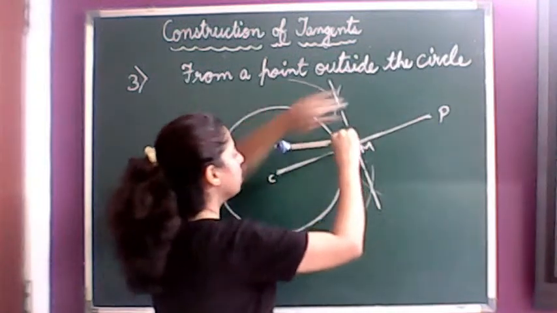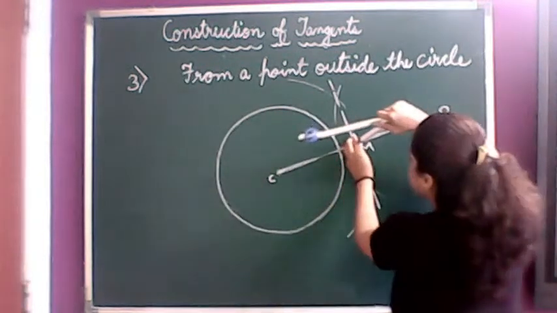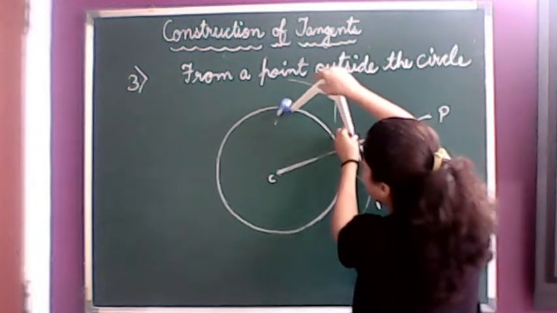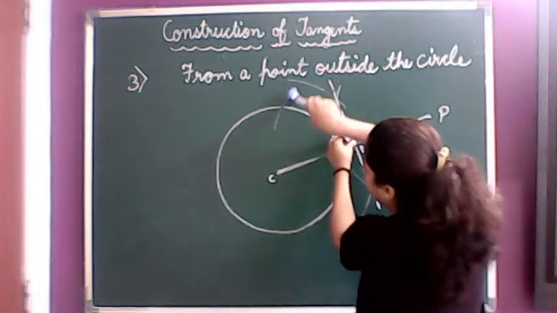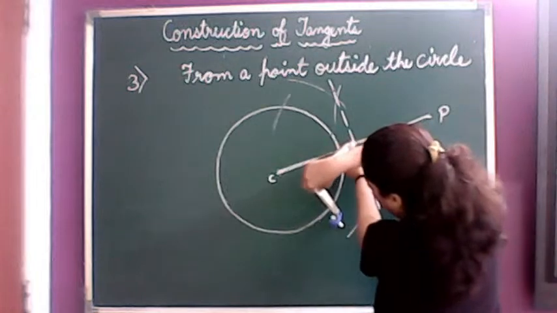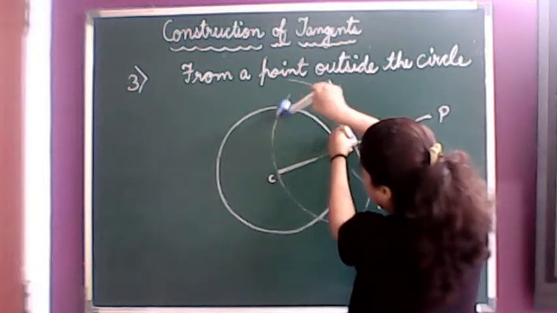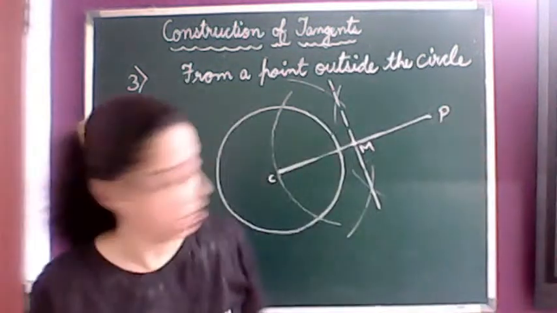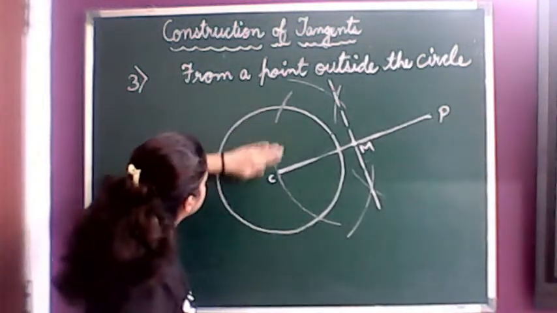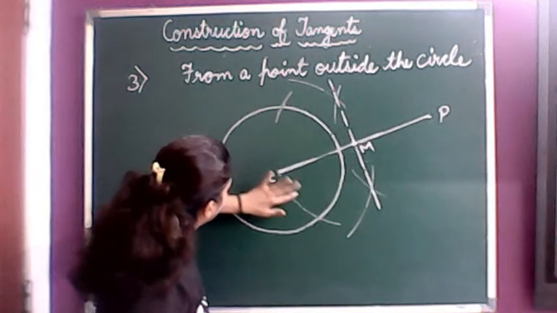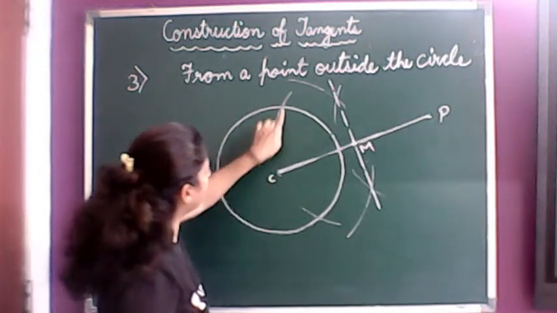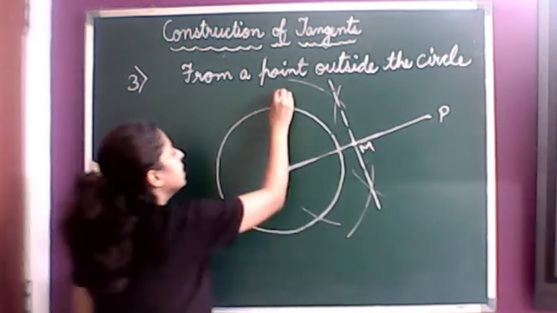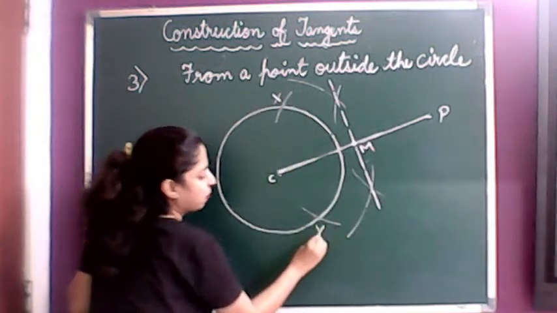Now, if you draw a circle, or if you don't want to draw the full circle, what you can do is just simply cut the previous circle, like this. Here and here. Even if you don't want to draw this, it's okay. You make an arc cut here and here. Say this is X and this is Y.